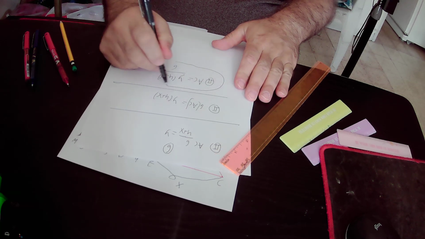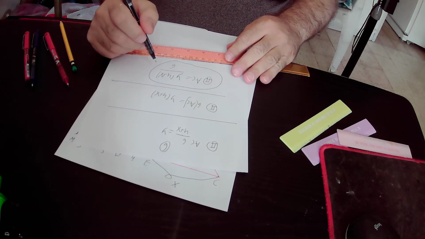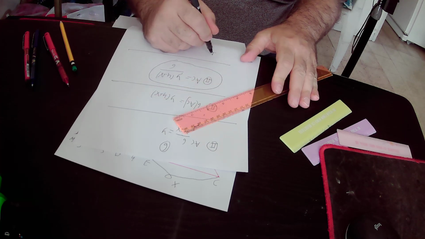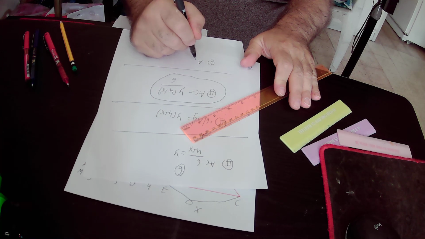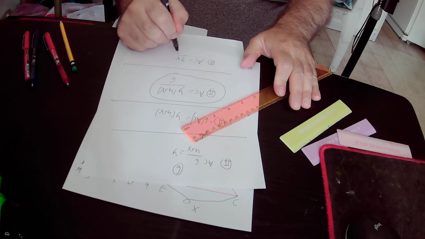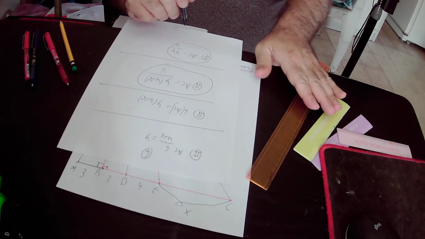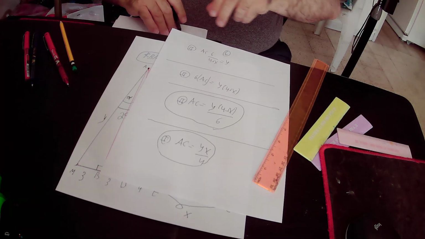That is the value of AC according to equation number 2, and we have already got the value of AC in equation number 1. According to equation number 1, AC equals Y times X over 4. So we have the value of AC in equation number 1 and equation number 2.